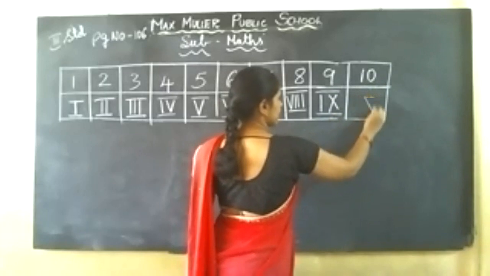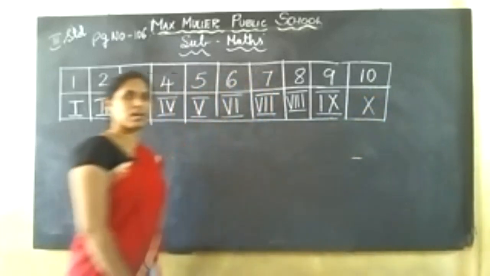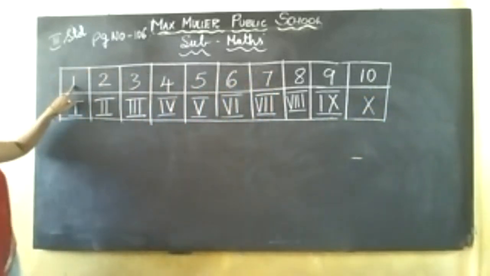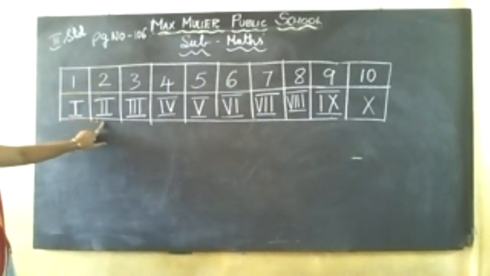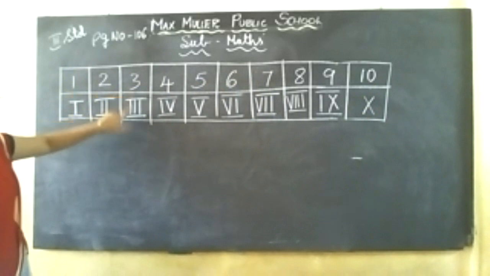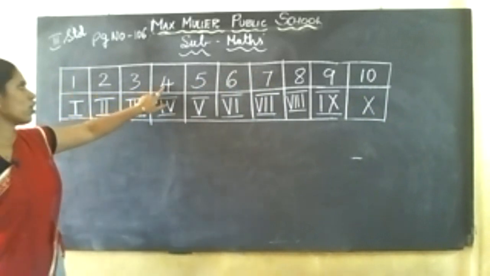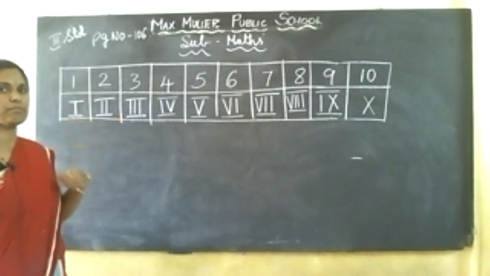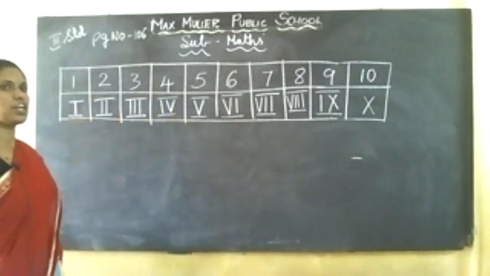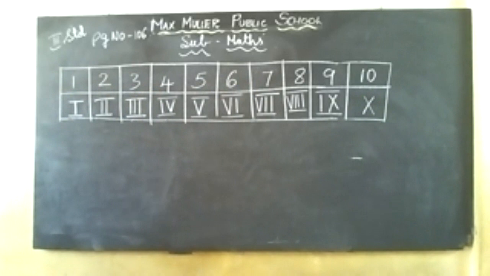For 10 you will write only X. Understood? So 1 means I, 2, 3, 4, like that. How will you write them now? Like that you have to write down. Understood? Next, copy down fast.